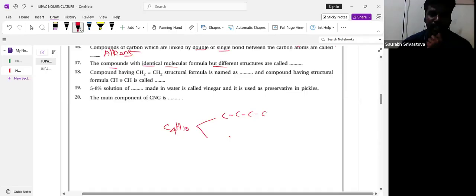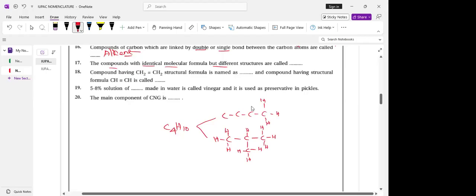Next, I can write 1, 2, 3. Here 4. Here 3 hydrogen, here 1 hydrogen, and here hydrogens. I can draw like this also. Correct what I'm saying?